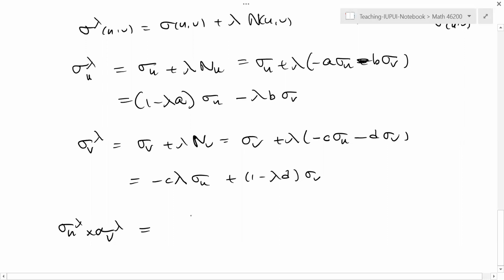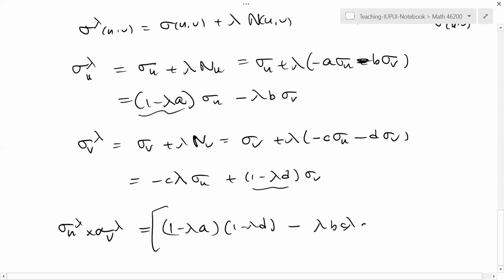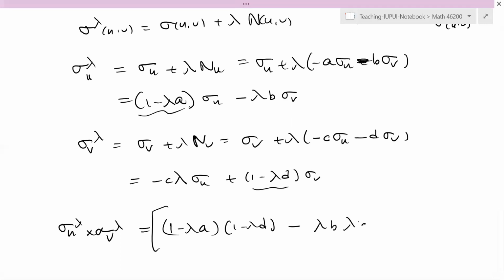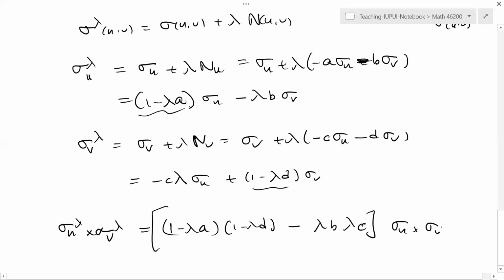So when you do the cross product, this times that: 1 minus lambda A times 1 minus lambda D, minus lambda B times lambda C, and then sigma u cross sigma v. The cross product of sigma u with sigma u is going to be 0.